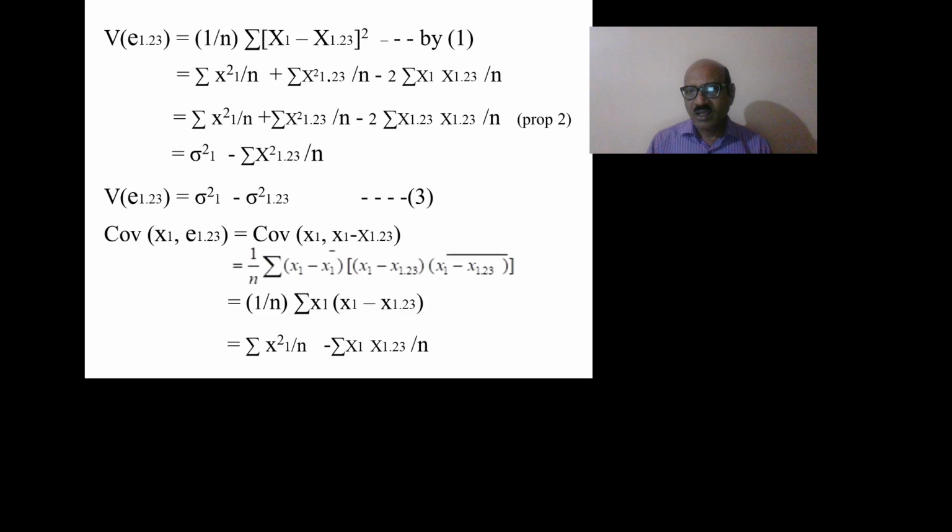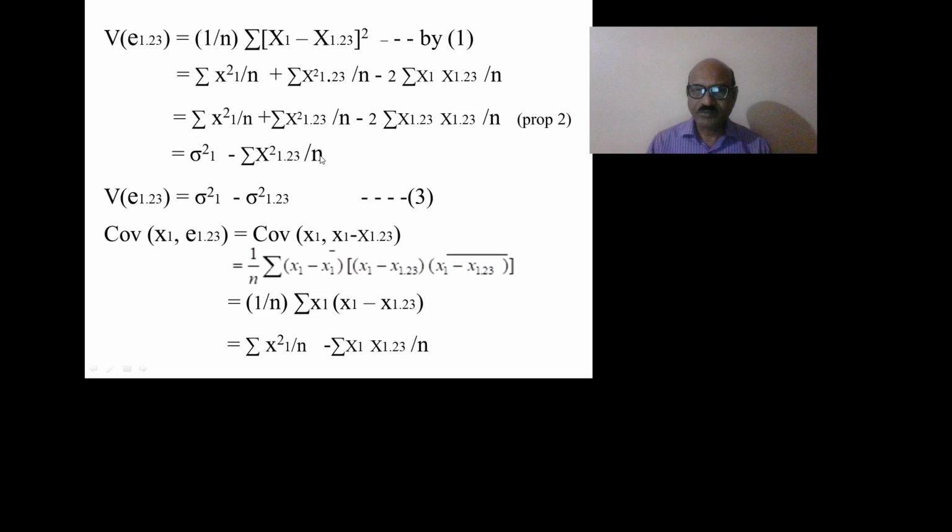But we apply it the reverse way: instead of omitting or deleting the numbers after the dot, we will add them. So using property 2 in the reverse way, we get this expression. What it gives is summation of x1.23 into x1.23, meaning x1.23 square. So this x1.23 square, it was 2 times with minus sign, and one times we have used, so we remain with 1 times with minus sign, divided by n.